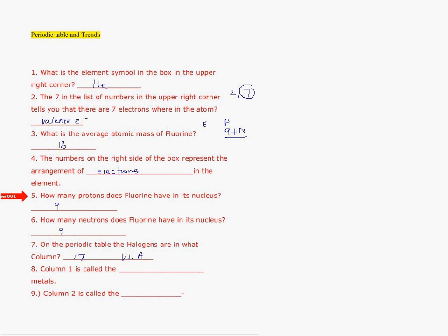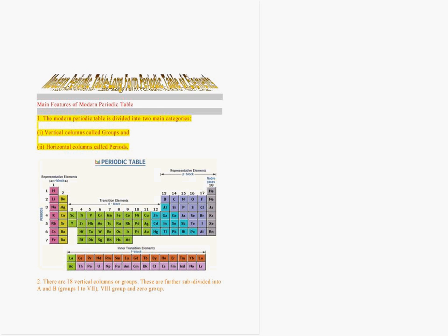I will share the periodic table with you, so that will make our questions easy. Okay, here we are. This is 17, and this is the halogen group, right? If you have to name the column, you can say 17. Right, Shivaji?